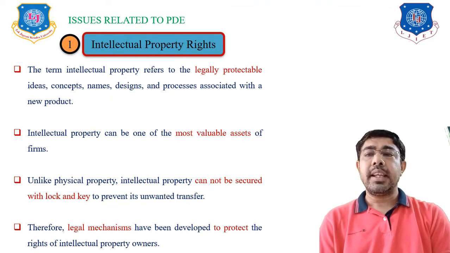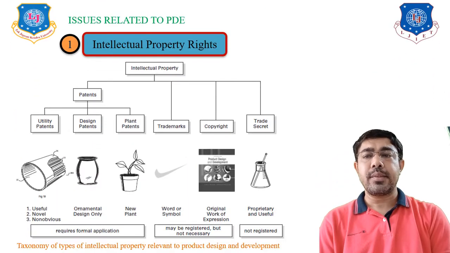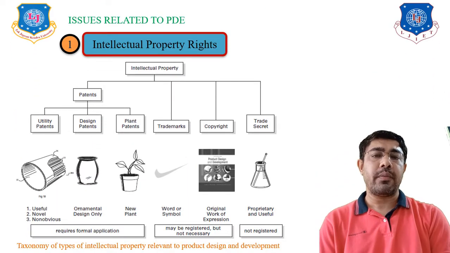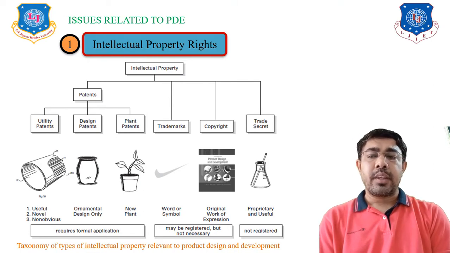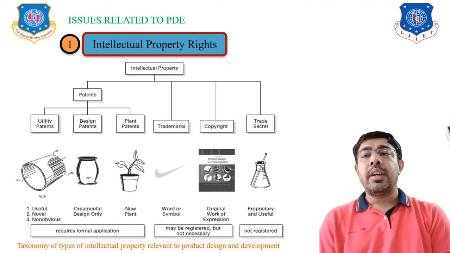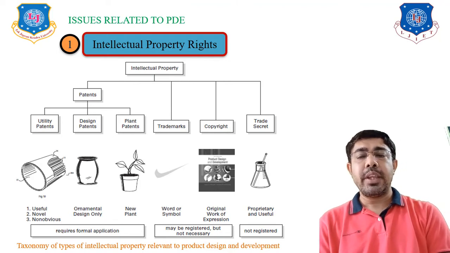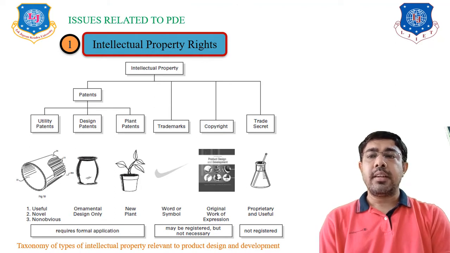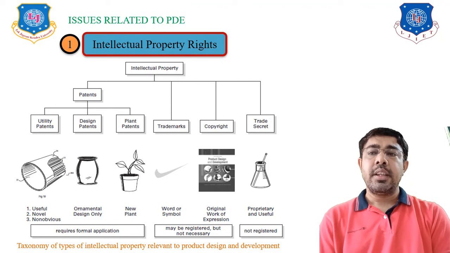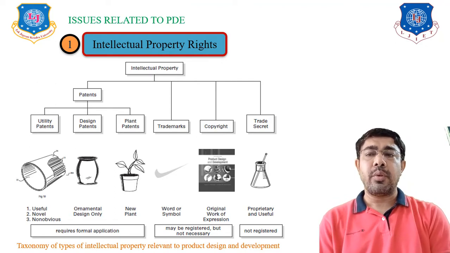Here I show the taxonomy of types of intellectual property, and it is relevant to product development. If you look at the taxonomy of types of intellectual property rights, you can see that there are mainly four types.